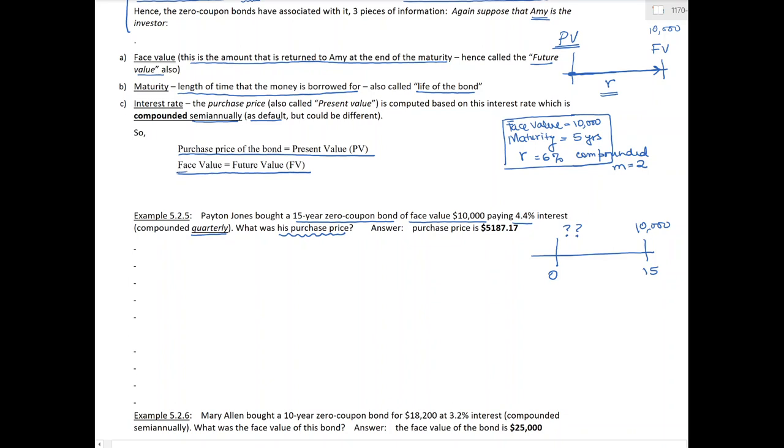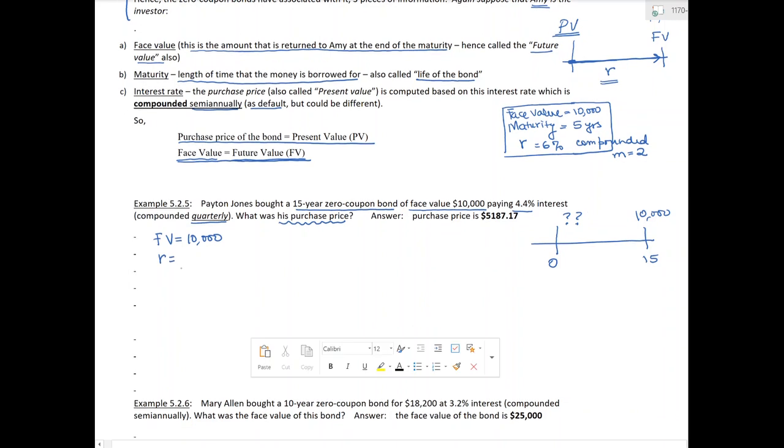So remember, we agreed face value is the future value. So I know the future value, which is 10,000. Then I know my usual stuff R, which is 0.044. I know T, which is 15 years. And then I know M, because it's compounded quarterly, M is 4.